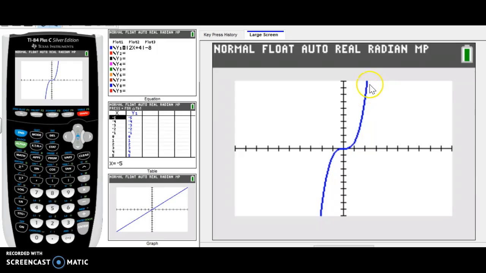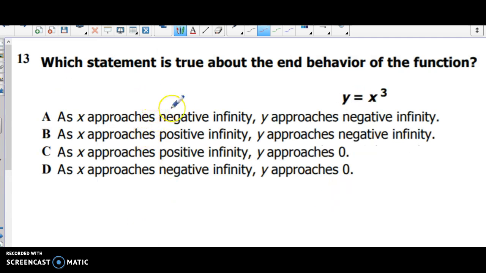As x approaches positive infinity, y is going to approach positive infinity. So the signs are going to be the same. As x approaches negative, y approaches negative. That's the same. As x approaches positive, y approaches negative. Nope, that's opposite. As positive, 0, nope, they don't approach 0. So that's the only correct answer there.